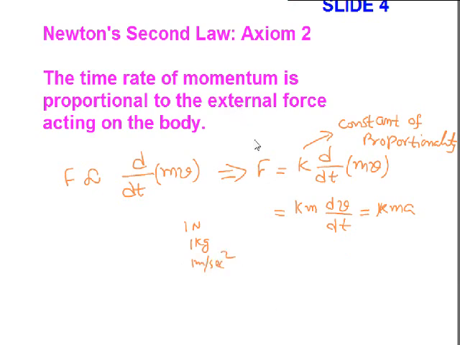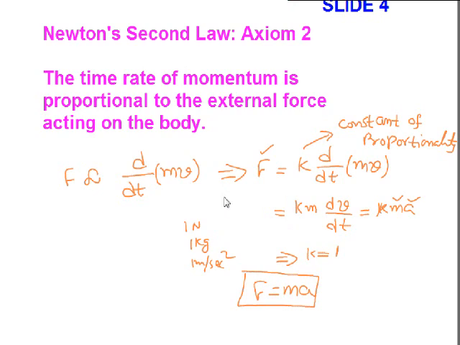That is, when F is equal to 1 and m is equal to 1, a is equal to 1. So the constant of proportionality k is equal to 1, and thus F is equal to ma. This equation F is equal to ma is almost taken as Newton's second law.